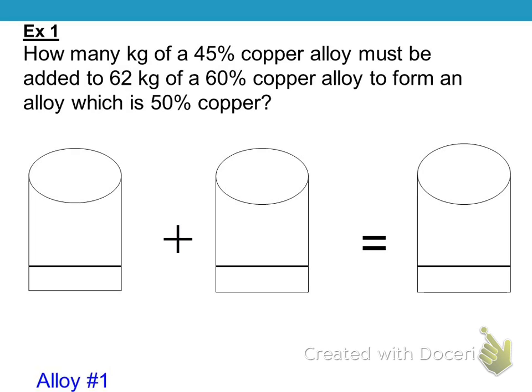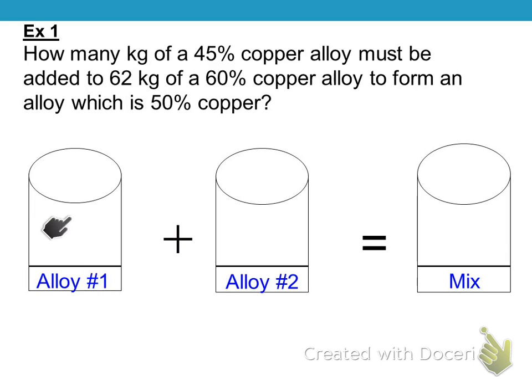I'm going to go in the order they were given. So I'm going to call the first one alloy 1. The next one is alloy 2. And that's going to give me my mixture. So that's what I'm talking about. Sometimes it's peanuts and almonds and walnuts or whatever. Sometimes it's actually solutions. In this case, we're talking about different alloys, different metal combinations. Okay? Now, how much you have goes here.